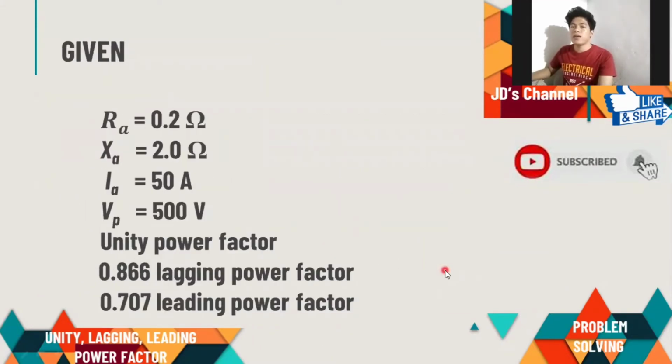For the given, we have the armature resistance, that is 0.2 ohms, the inductive reactance, that is 2.0 ohms, and also the current IA, that is 50 amperes, the load voltage per phase, that is 500 volts, unity power factor. We have also 0.866 lagging power factor, and lastly we have 0.707 leading power factor.